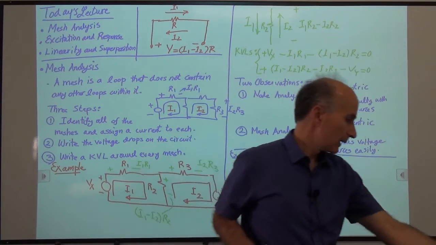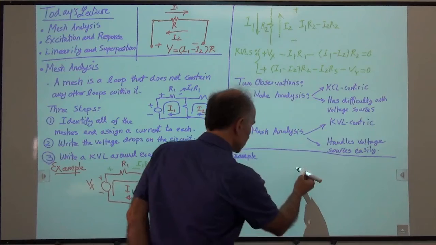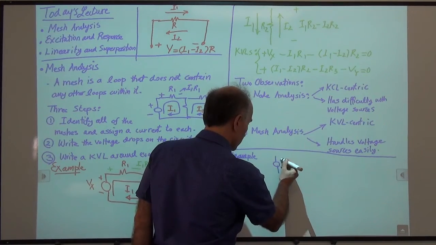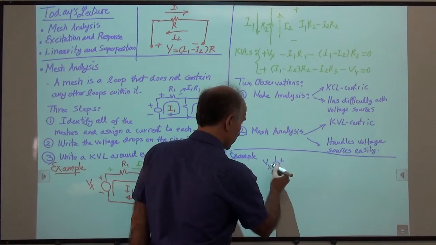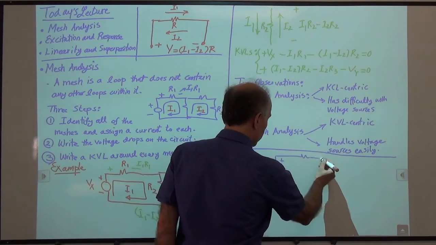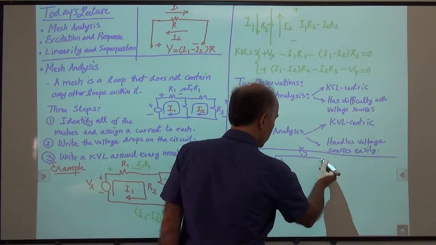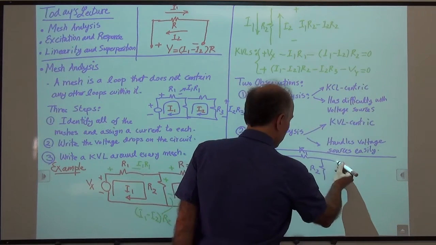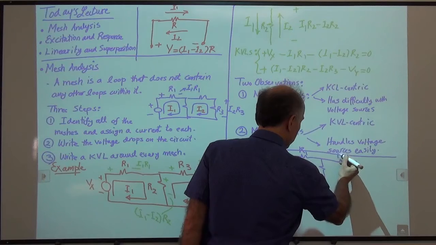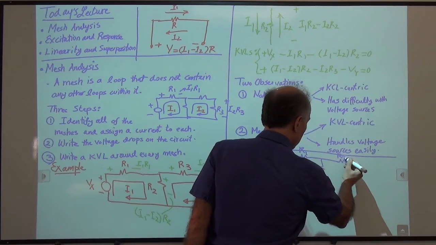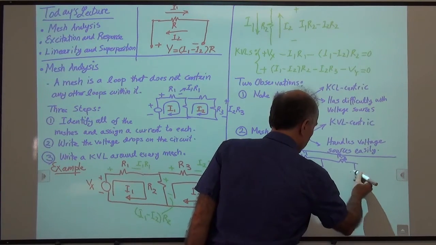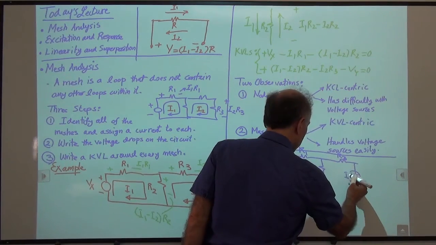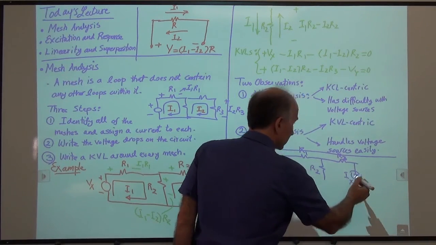Okay, so let's see. We have a circuit like this. We have a voltage source, we call it Vx. Then we have a resistor R1, a resistor R2, a resistor R3, and a current source Ix.